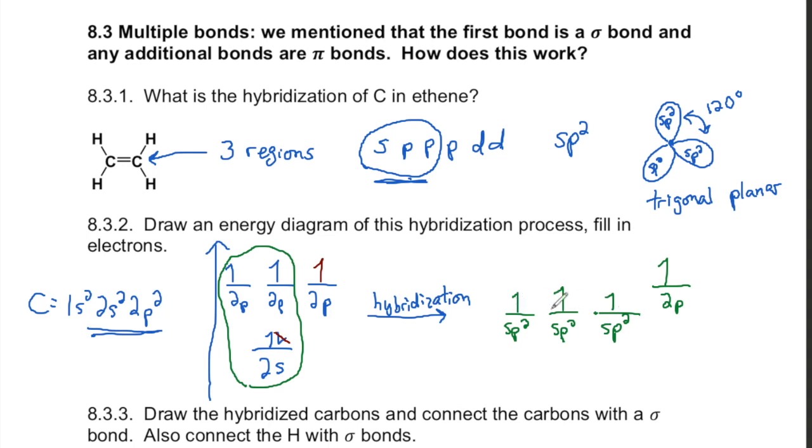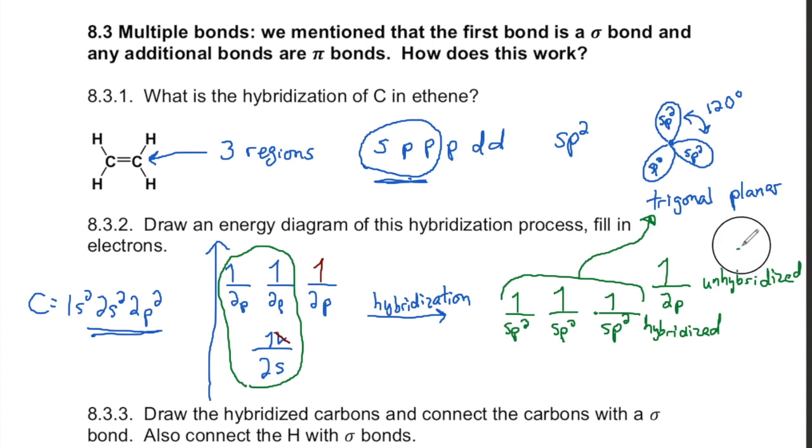So we have 1 electron in each of these new hybridized sp2 orbitals, and then we still have 1 electron remaining in the unhybridized 2p orbital. So these hybridized orbitals look like this shape up here that we just drew. The 2p orbital that is left looks just like a regular p orbital. That's what it is.